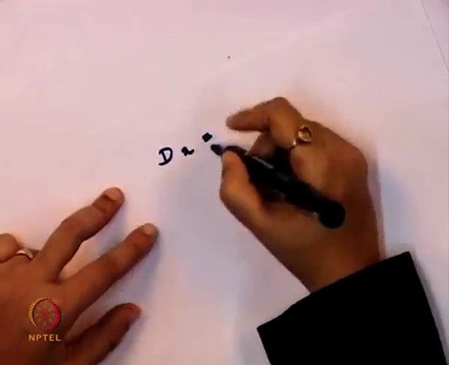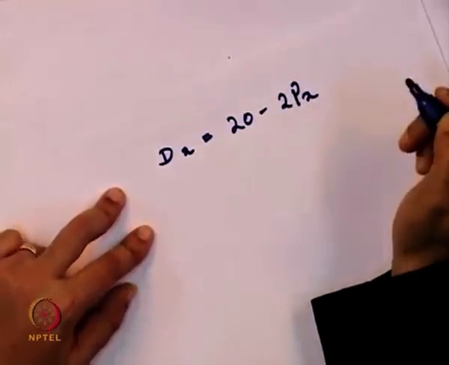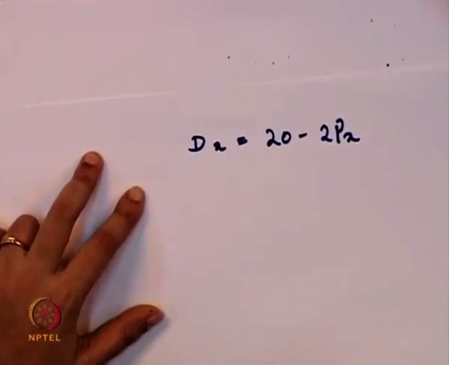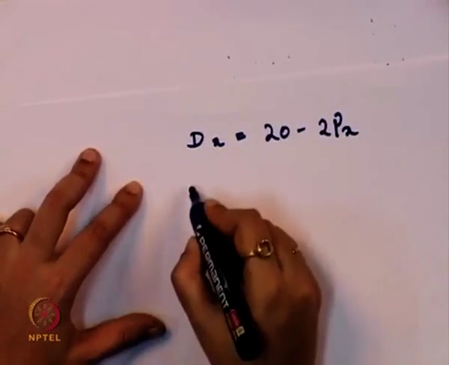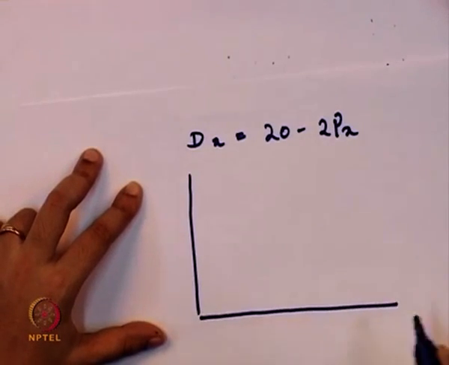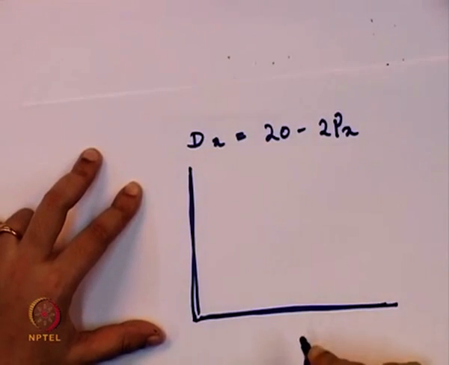Suppose we take the example of a linear demand function, that is Dx = 20 - 2Px. This is a demand function. Now, how do we find the demand curve from this demand function?